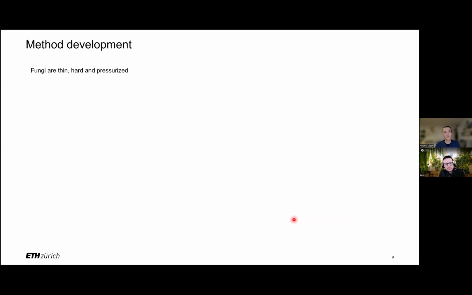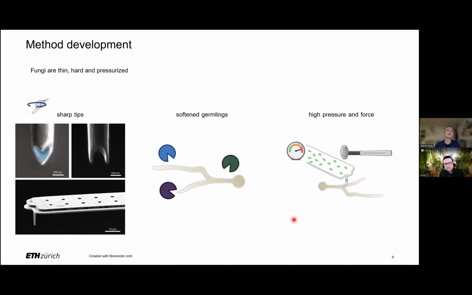Now, when I started my PhD or this project, I did have to do some method development where the fluid FM wasn't quite ready to handle this. This has mostly to do with using fungi rather than mammalian cells that the lab had used before, because they're thin, they're hard, and they're under pressure. So then we had to find how to make even sharper tips to be able to penetrate the cell wall.